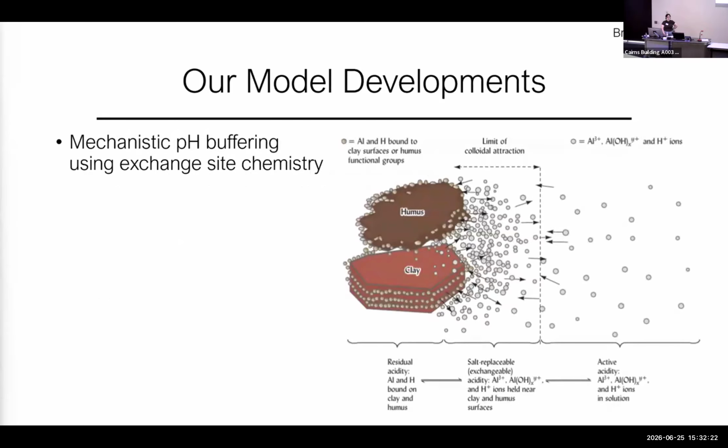We've also modelled mechanistic pH buffering, so using exchange site chemistry on organic matter and oxides and clays. All soils have some capacity to resist changes in pH, either by absorbing or releasing acidity, and so we've included that in our model.